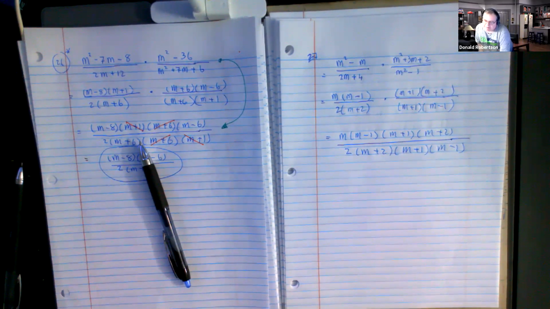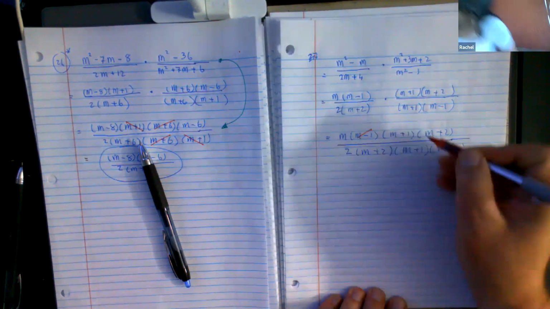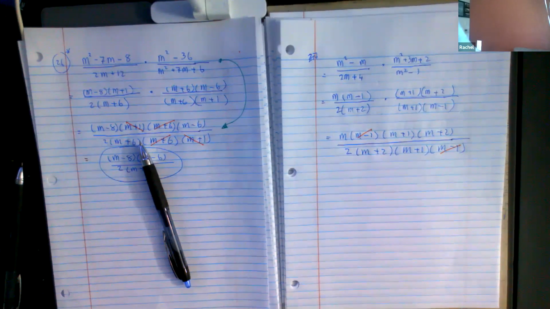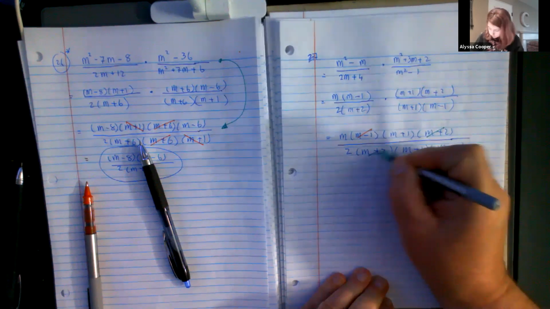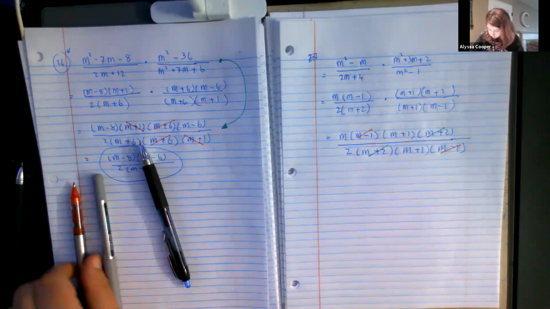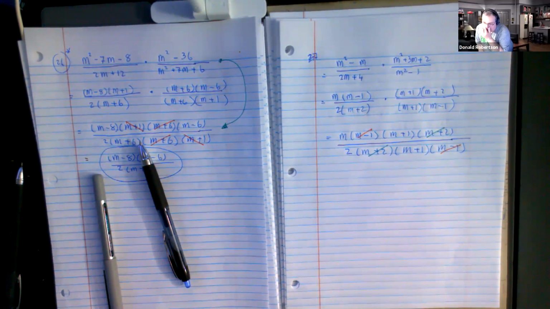Time for a battle. One-for-one cancels. Give me some one-for-one cancels. M minus 1. M plus 2. Anything else?